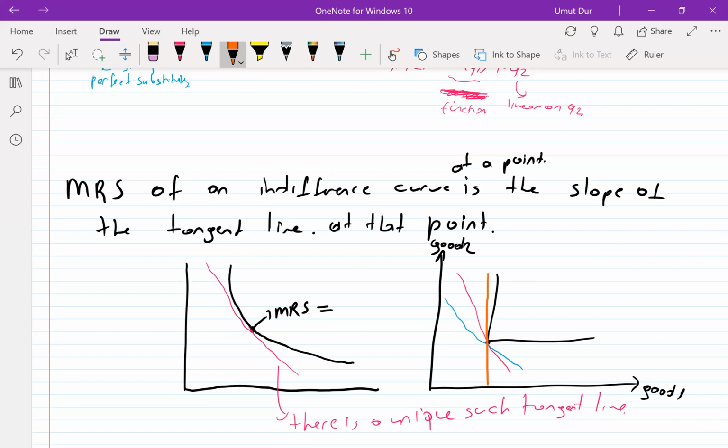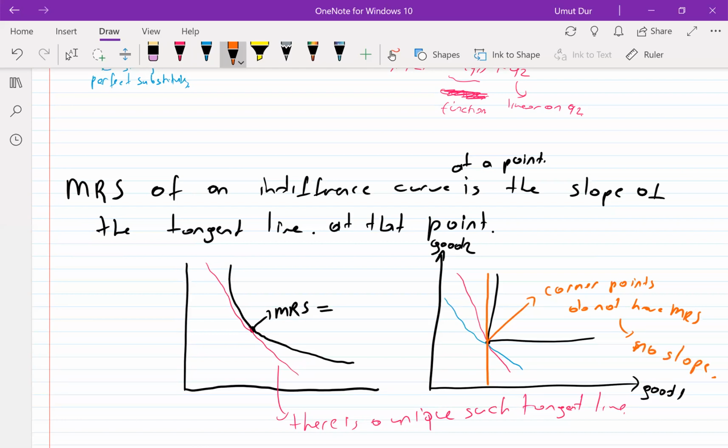Then the question is, this orange one, this red one, and this blue one have different slopes, which means they correspond to different marginal rates of substitution. So which one is the marginal rate of substitution? Whenever you are not sure which one is the right marginal rate of substitution, the answer is corner points do not have MRS. They do not have slope.